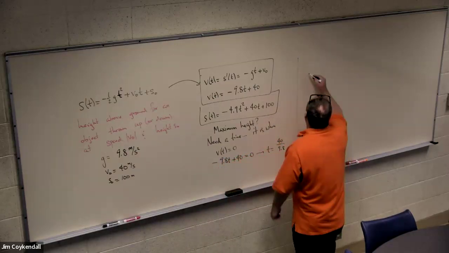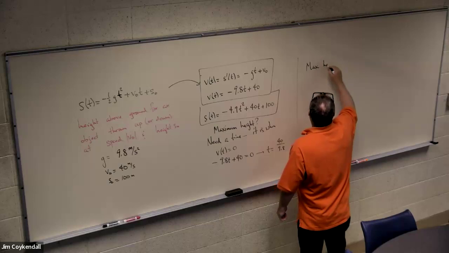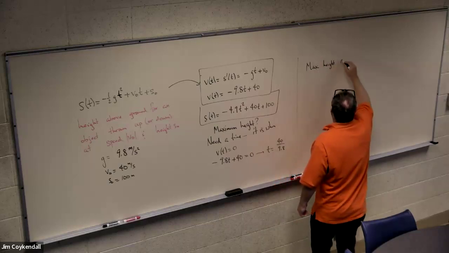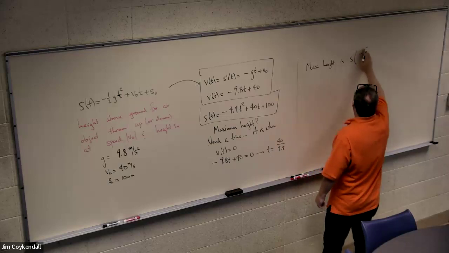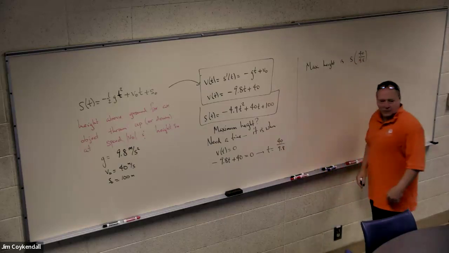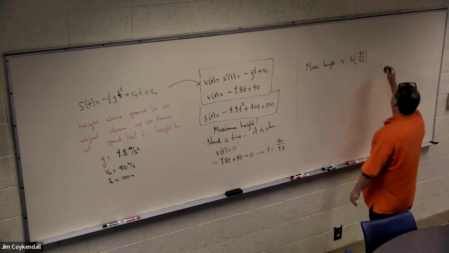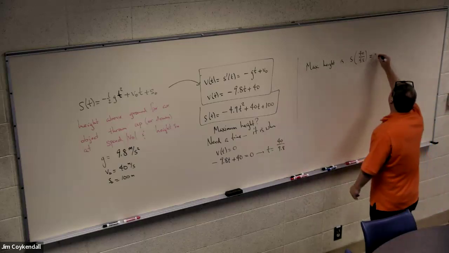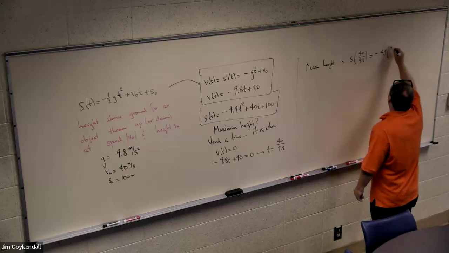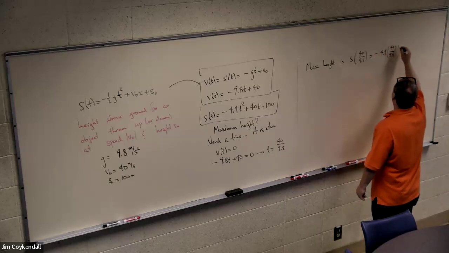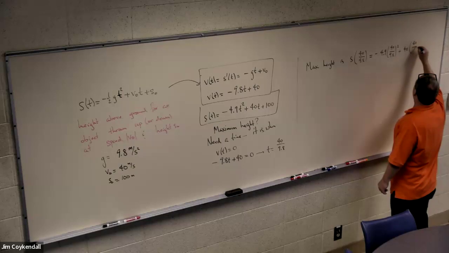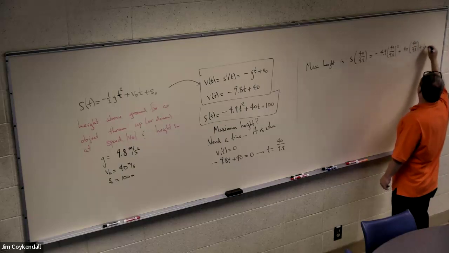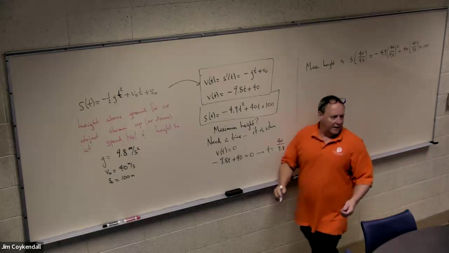So the maximum height is s of 40 over 9.8, which is minus 4.9 times (40 over 9.8) squared plus 40 times 40 over 9.8 plus 100, whatever that number is.